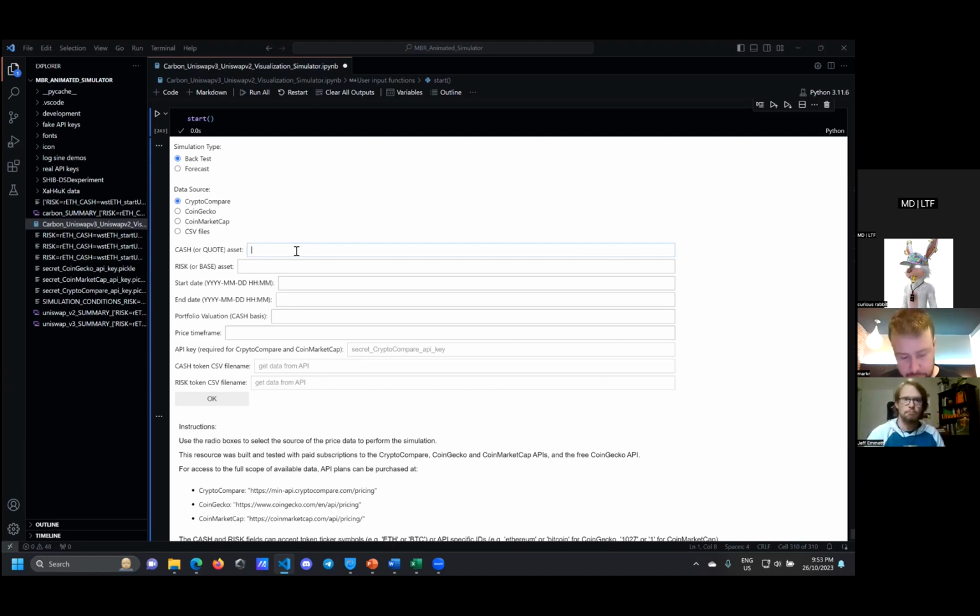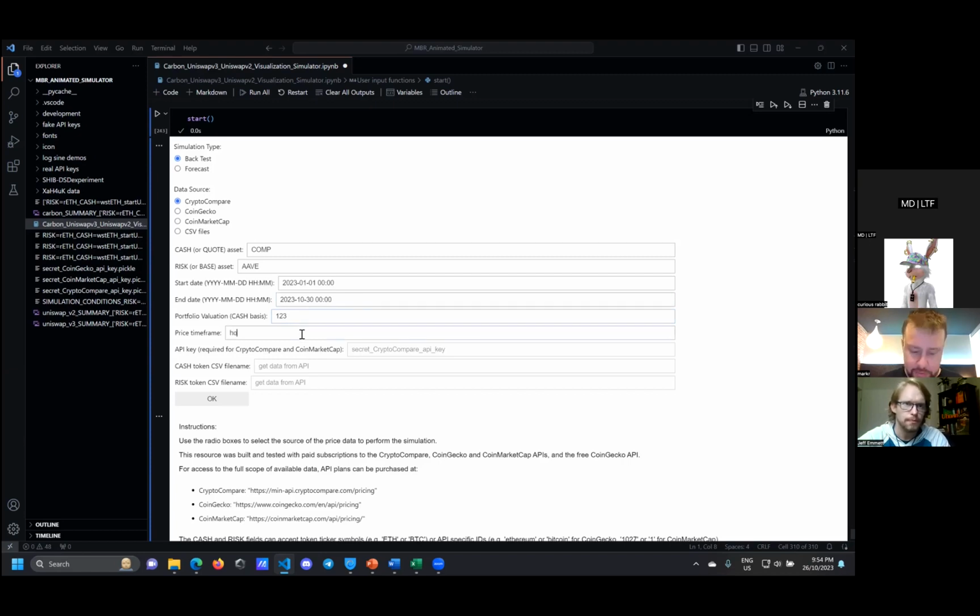So for example, if we were to look at two assets, let's look at Compound and Aave, for the last year. What I'm doing here is I've constructed an API call to three different data sources. I've got API keys to CryptoCompare, CoinGecko, and CoinMarketCap.